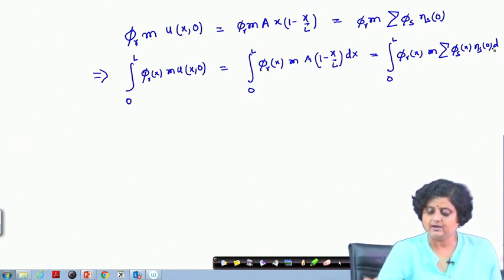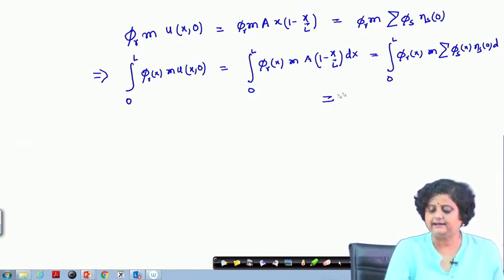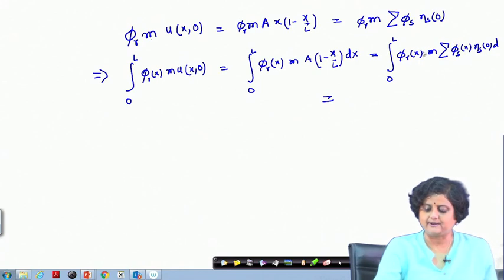Now, let us see what is happening on the right hand side. This summation expression on the right hand side is again going to go to 0 whenever r is not equal to s by using the orthogonality condition. It is not going to be 0 only for the particular term when r is equal to s.